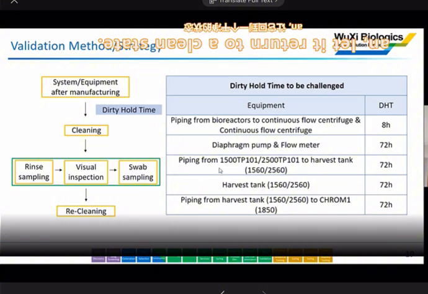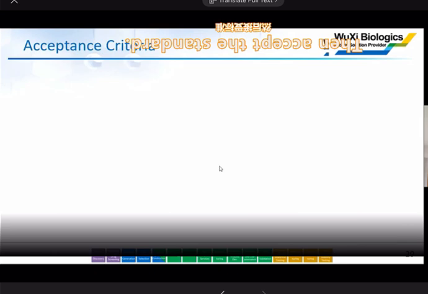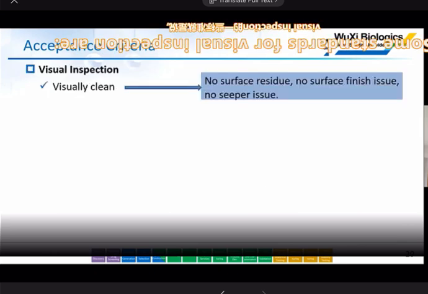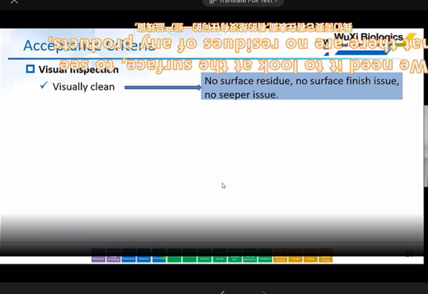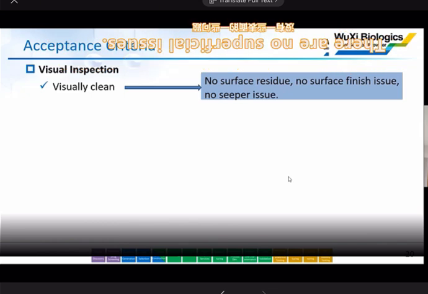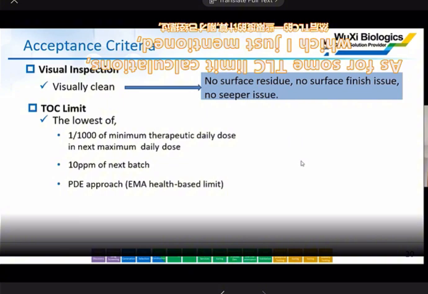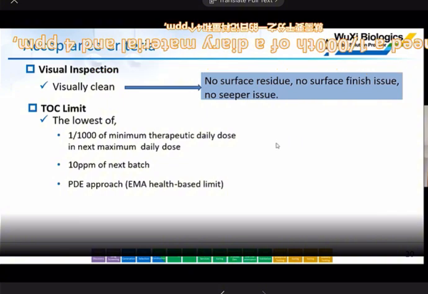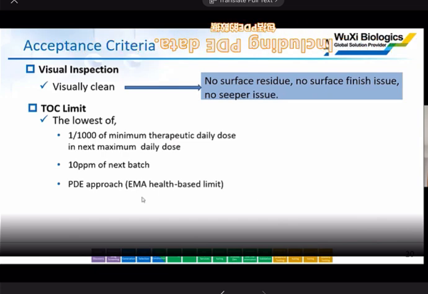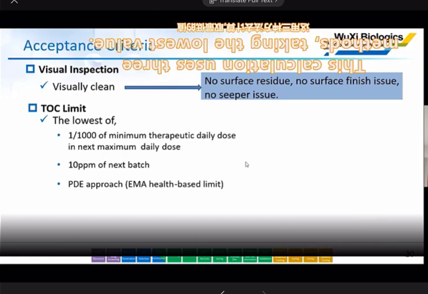So, this will produce the biggest dirty holding time. For example, here, after the centrifuge is produced, the largest holding time is about 8 hours. There are also some hold tanks, where the maximum time may be 72 hours. Based on these, we will challenge them accordingly.